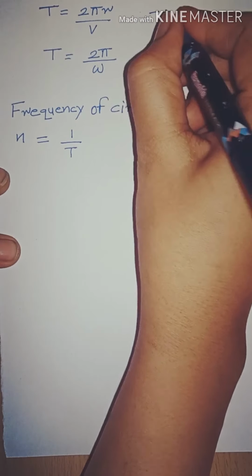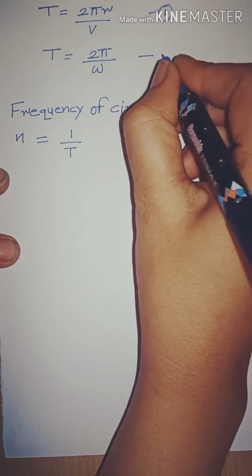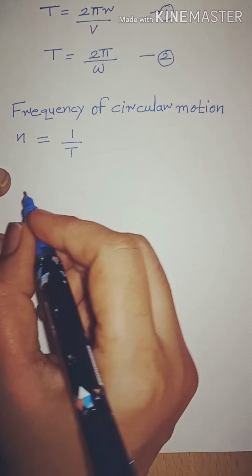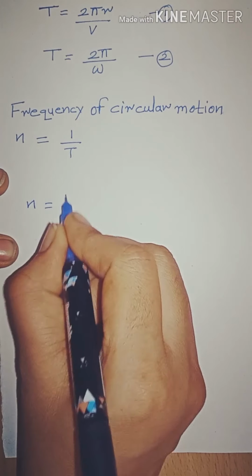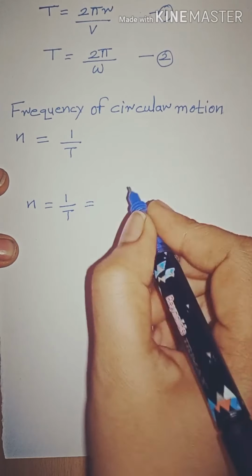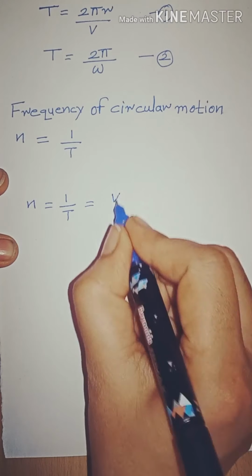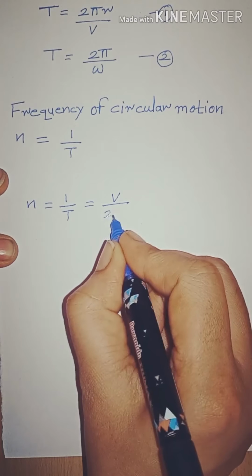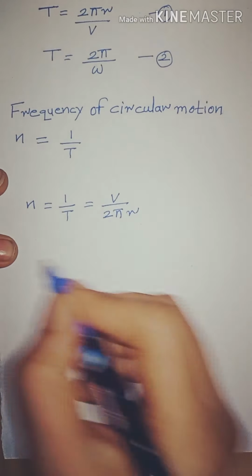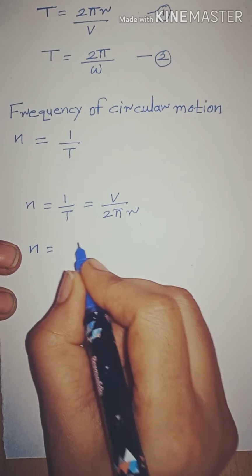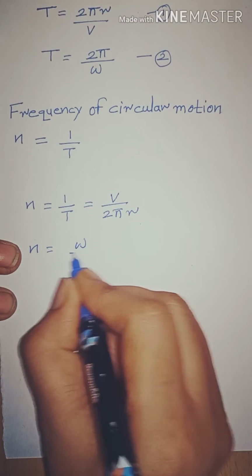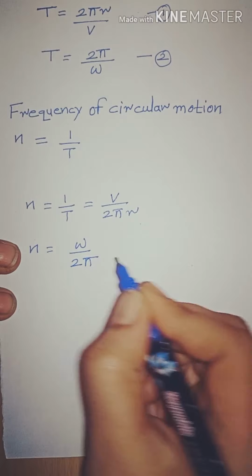Therefore, equation number 1 and equation number 2 we can write in terms of n is equal to 1 upon T. We get the formula n is equal to v divided by 2 pi r. The second equation is n is equal to omega divided by 2 pi.